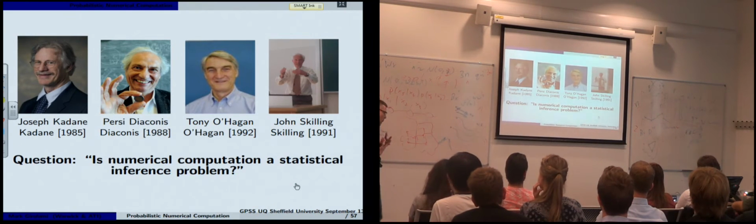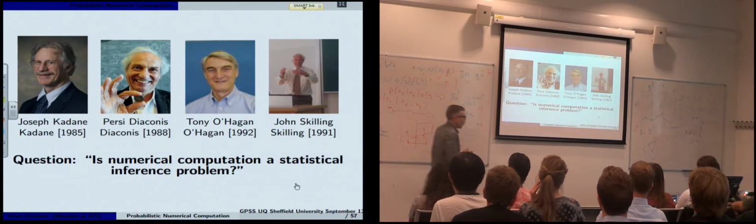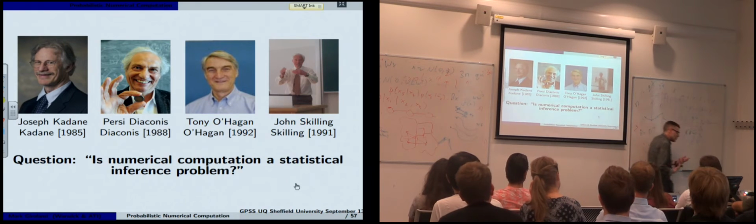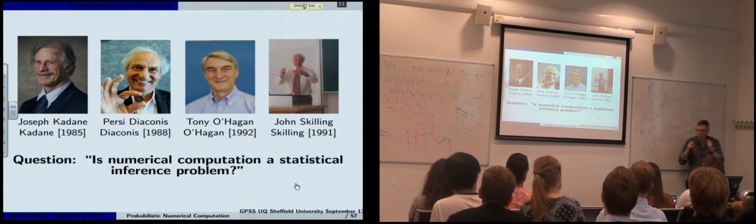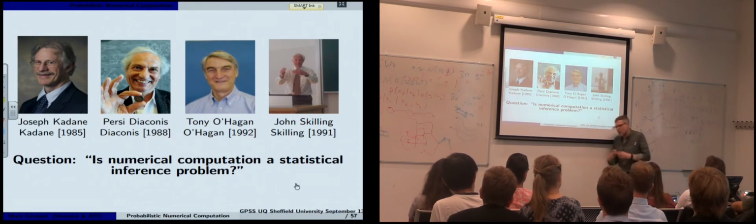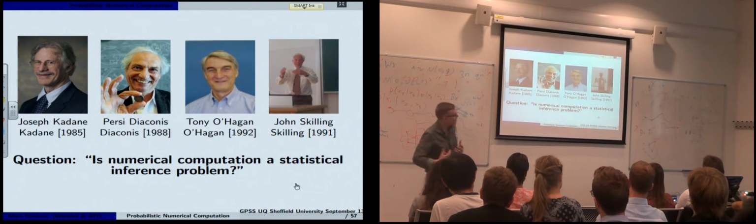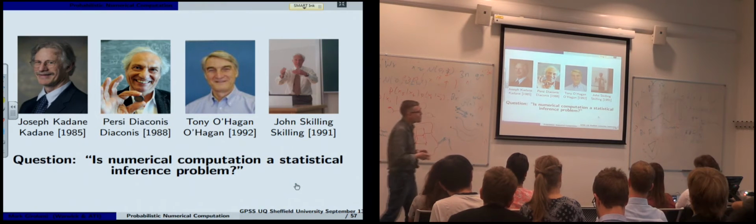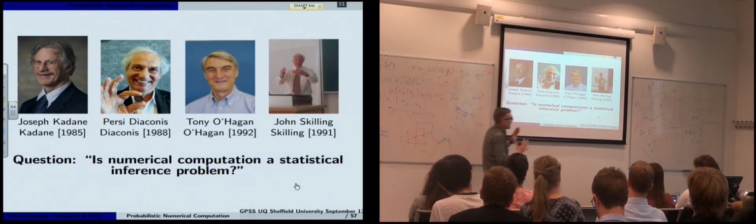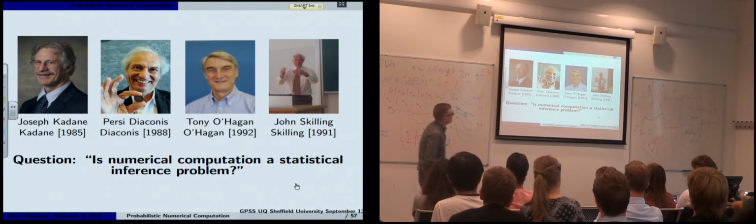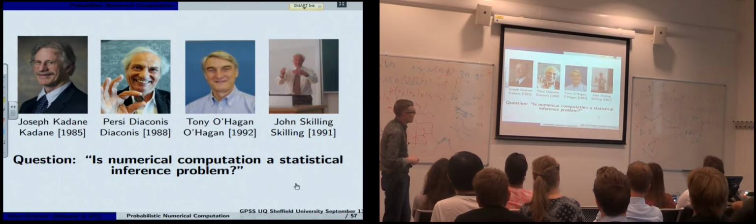Let's put a probability measure over the space of functions. And okay, they didn't do any statistical analysis, but they were concerned about what is the average error that would be induced here. And if you look at an awful lot of that analysis, you can see how they were almost close to developing probabilistic numerical methods.